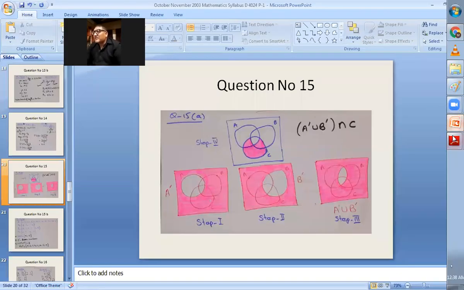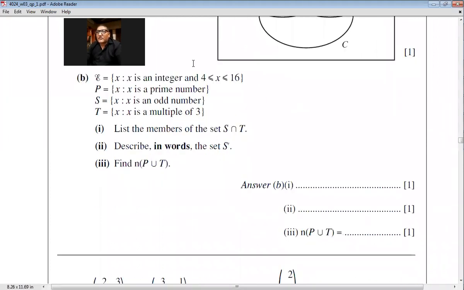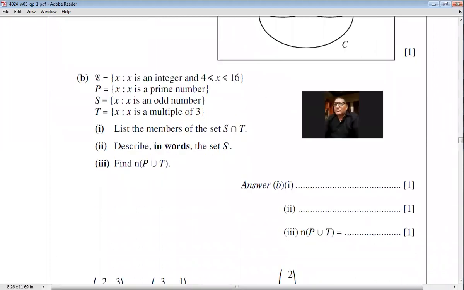And the next part is, here we have question number 15. He says that the universal set is x such that x is an integer and x is greater than or equal to 4 and less than or equal to 16. P is x such that x is a prime number.